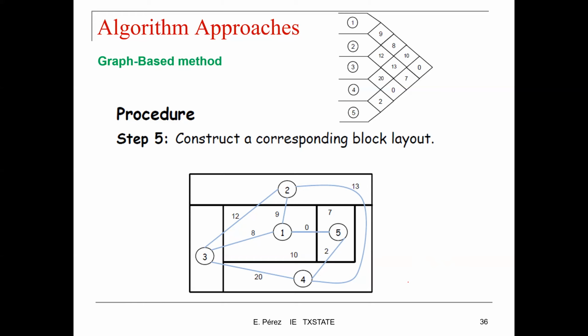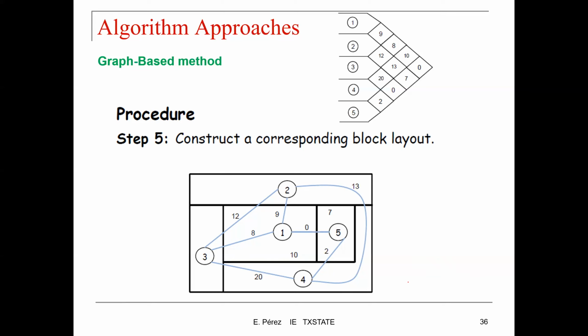But the important thing about this algorithm is that we can show the location of the departments based on the construction that we did, using the addition of the nodes in the network.